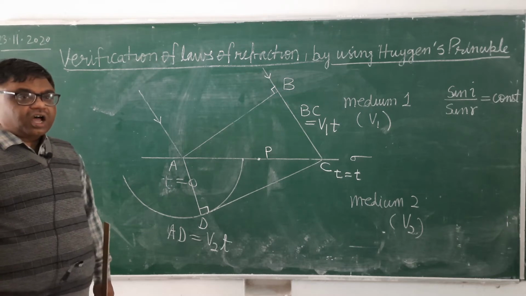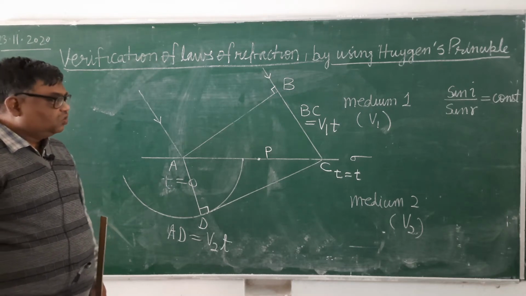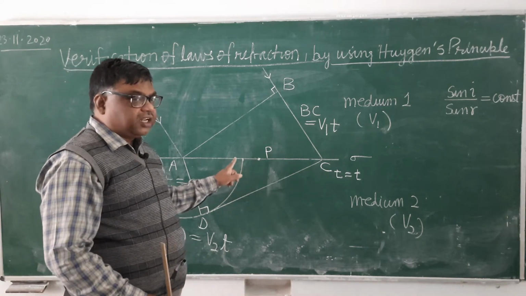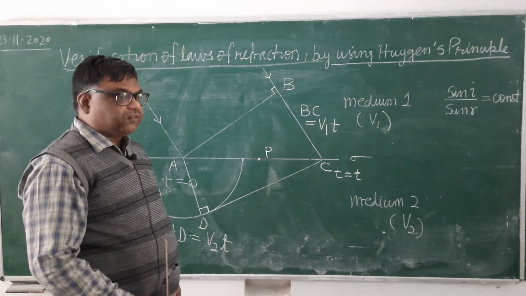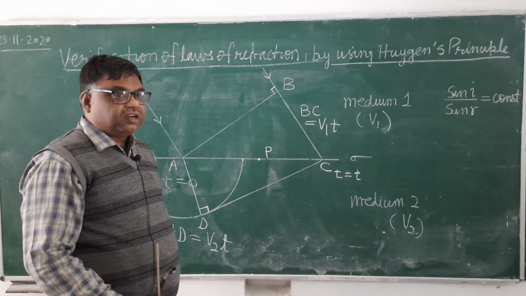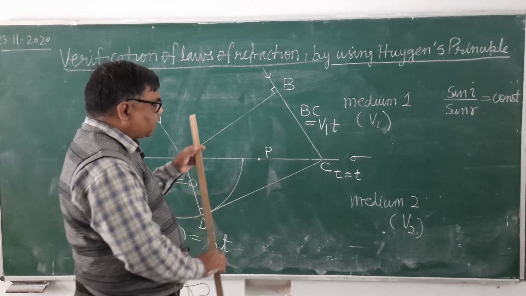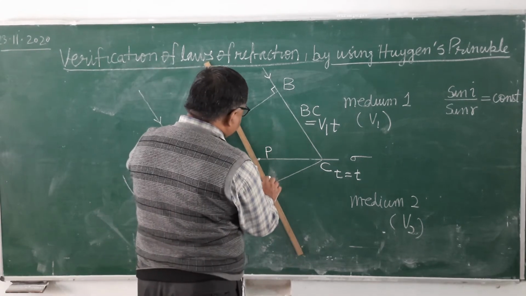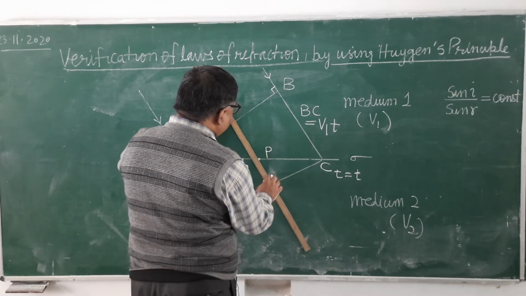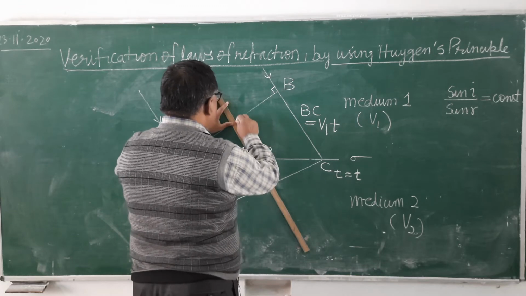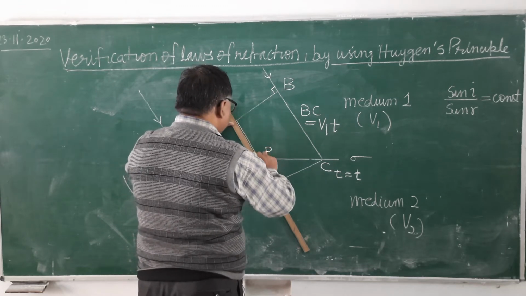So see here, how will you verify this thing? You will take an arbitrary point on the refracting surface, just like we have done in the reflection. From P, draw a perpendicular on the wavefront AB.